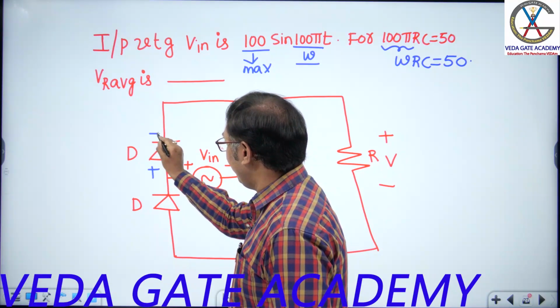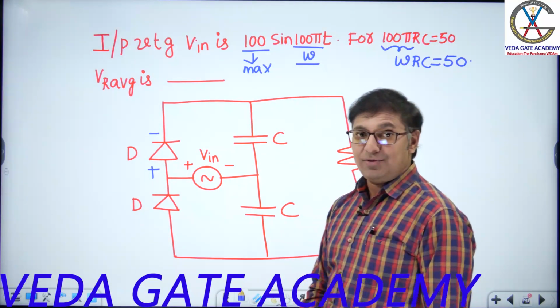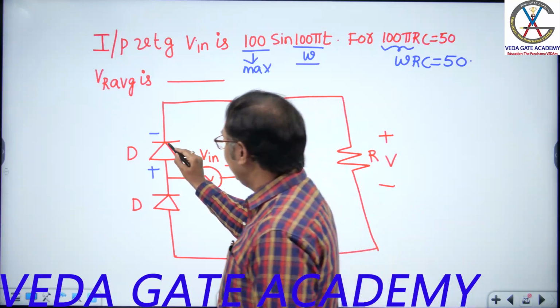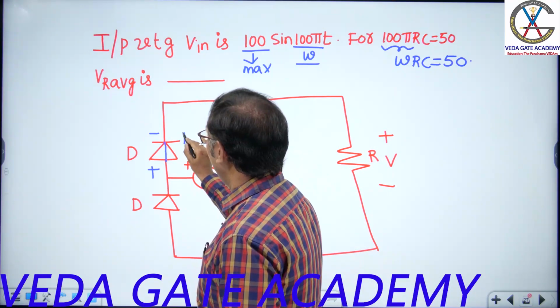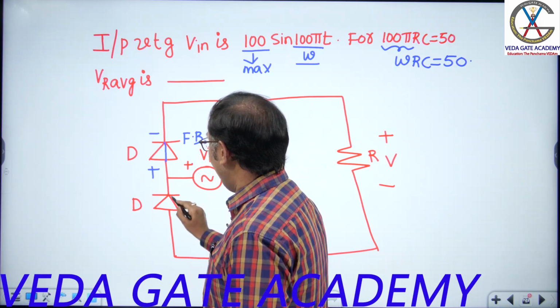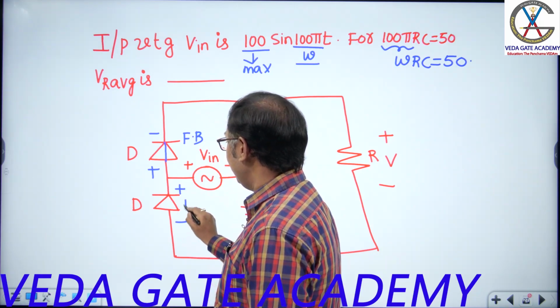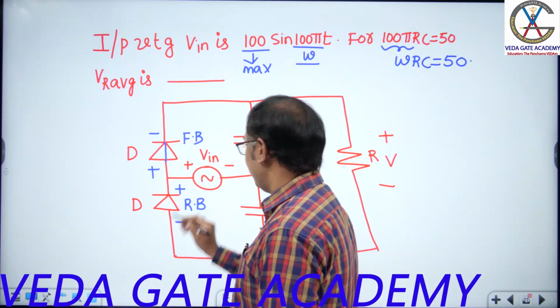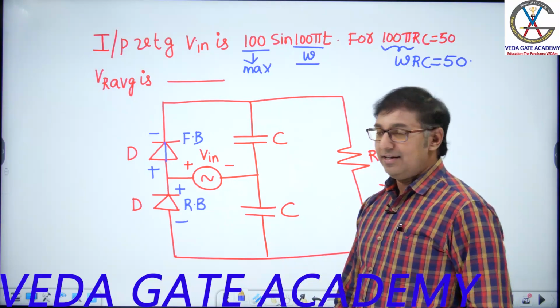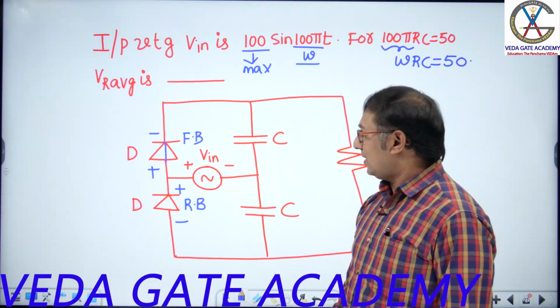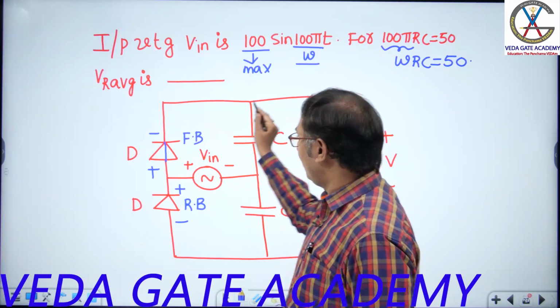Here plus, here minus. Positive is connected to anode, negative is connected to cathode. This diode is forward biased, whereas here plus, here minus, this diode is reverse biased.